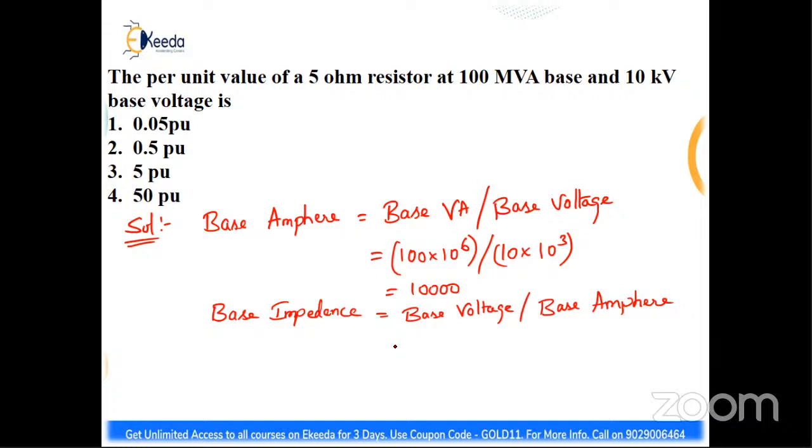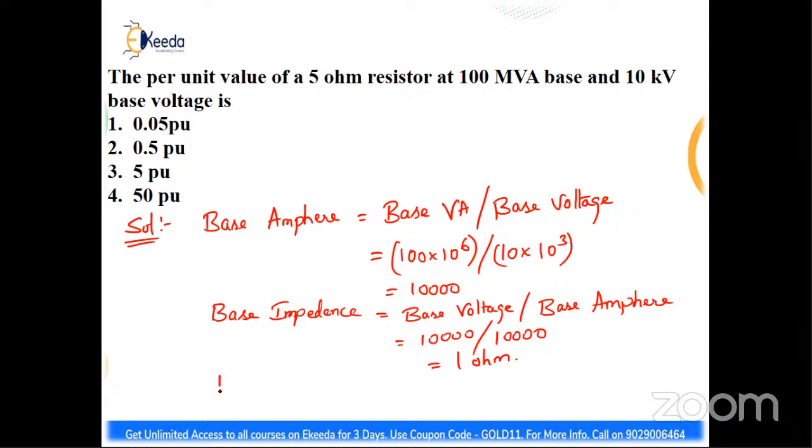So what is the base voltage value we have? That is 10 kV. 10 kV can be written as 10,000. What is the base ampere value we got? That is also 10,000. So if you calculate 10,000 by 10,000, what will be the base impedance? That is nothing but 1 ohm.